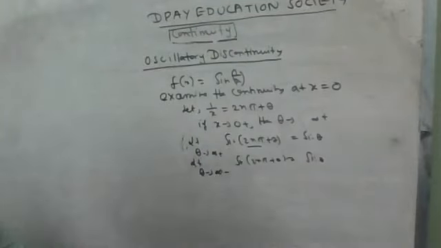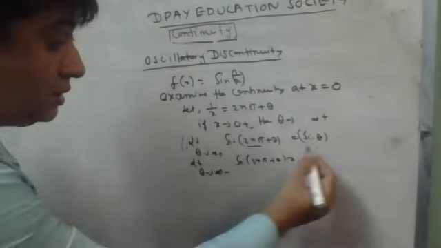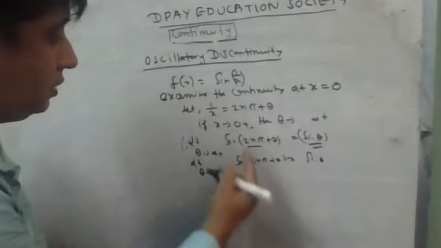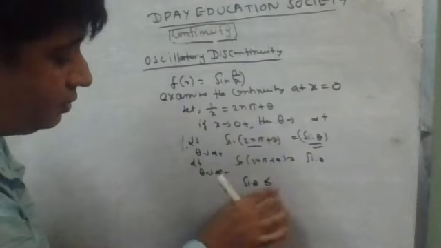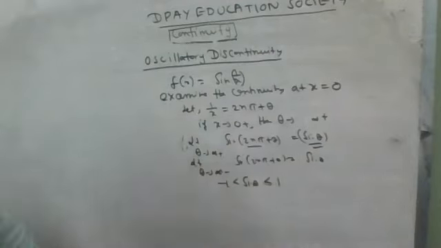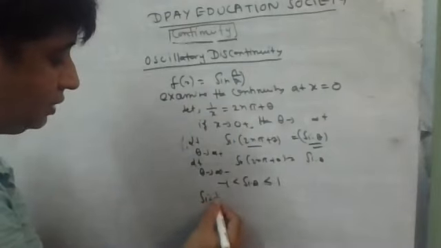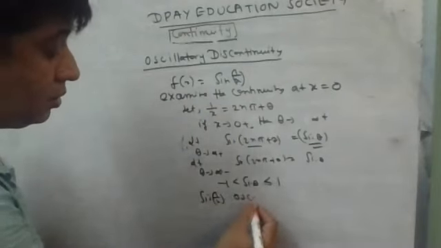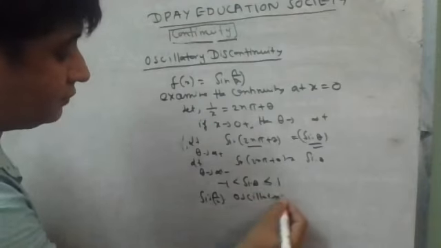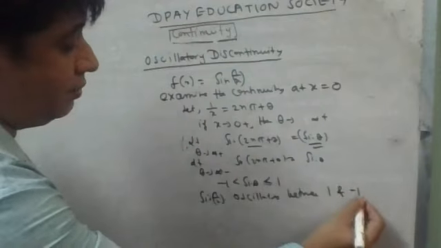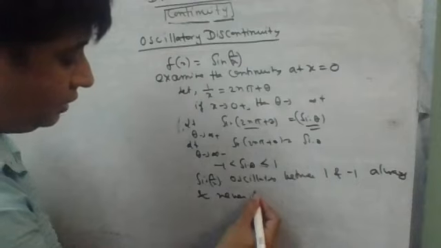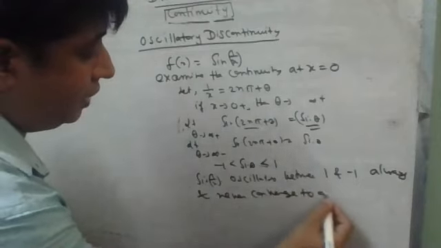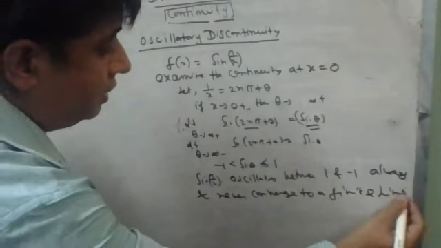But you see, this sine theta always lies between +1 and -1. It means sine 1 by x oscillates between 1 and -1 always and never converges to a finite limit.